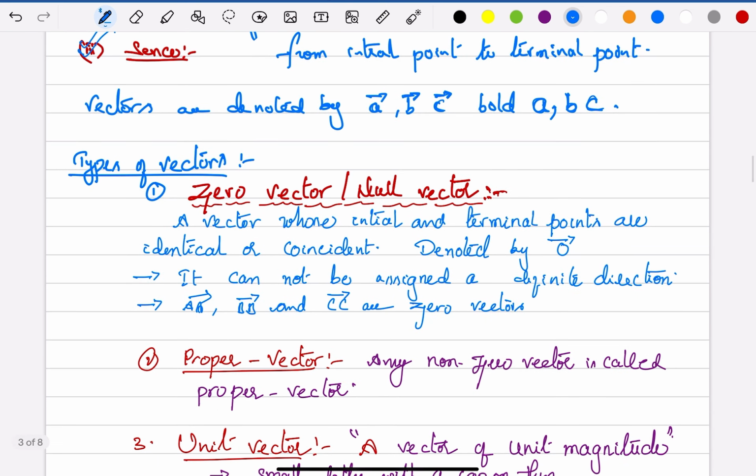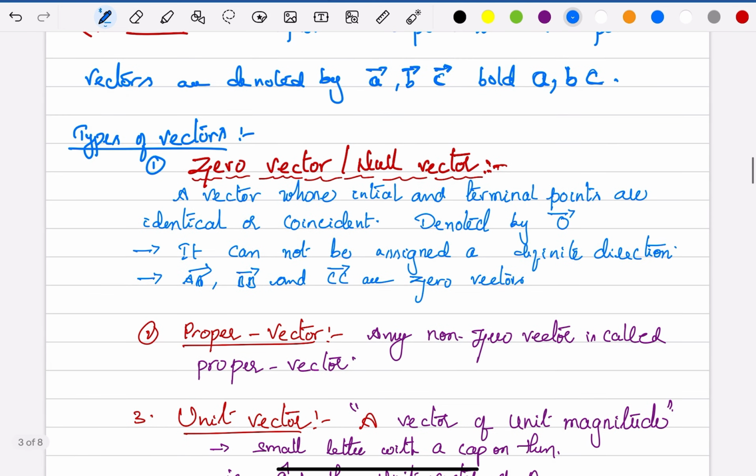Now we will discuss the types of vectors. Zero vector, or null vector: a vector whose initial and terminal points are identical or coincident is called a zero vector, denoted by 0.